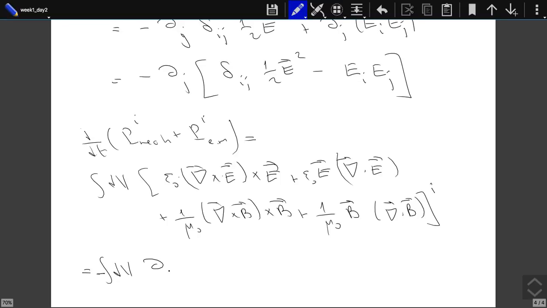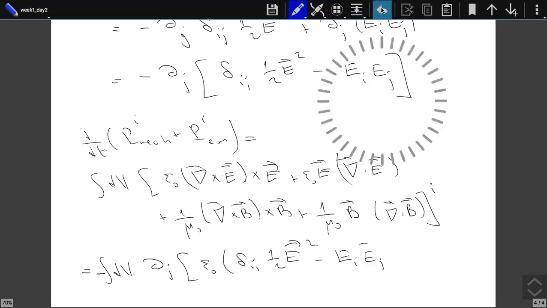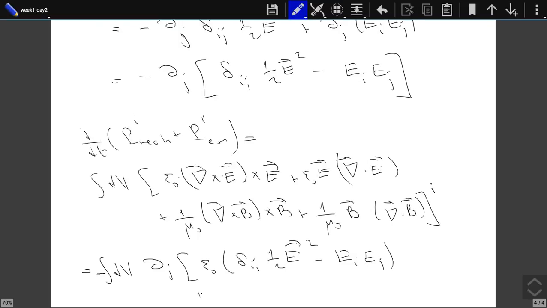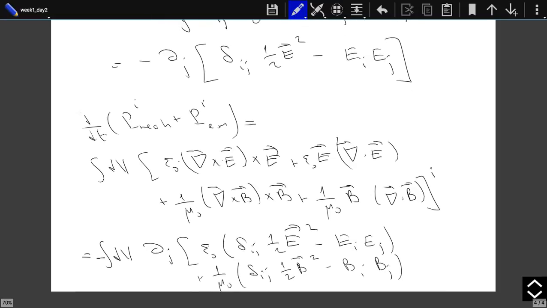That derivative with respect to xj of epsilon 0 times Kronecker delta ij, 1 over 2 E squared minus Ei Ej, plus 1 over mu 0 Kronecker delta ij, 1 over 2 B squared minus Bi Bj.